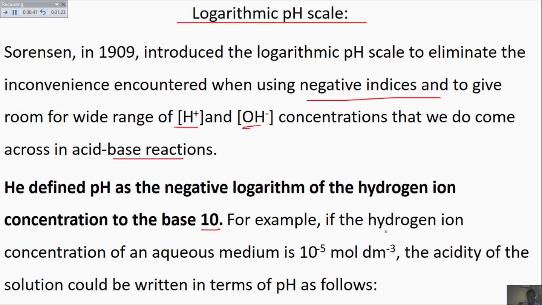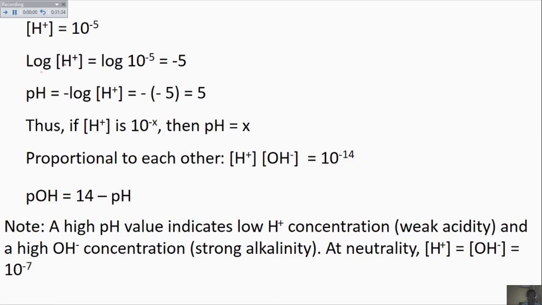For example, if the hydrogen ion concentration in an aqueous medium is 10 to the minus 5 mole per dm cubed, then the acidity of the solution will be written in terms of pH as follows. Look at it. This hydrogen ion concentration is 10 to the minus 5 mole per dm cubed. Then the log of hydrogen plus equals log of 10 to the minus 5.